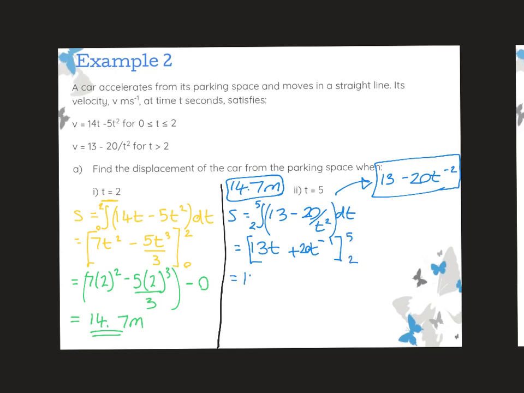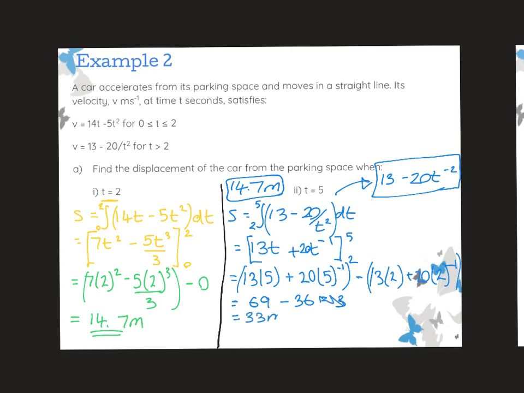So if we substitute 5 in, and we substitute 2 in and subtract that, you end up with the first part being 69, the second part being 36. So altogether, the displacement between 2 and 5 seconds is 33 metres.